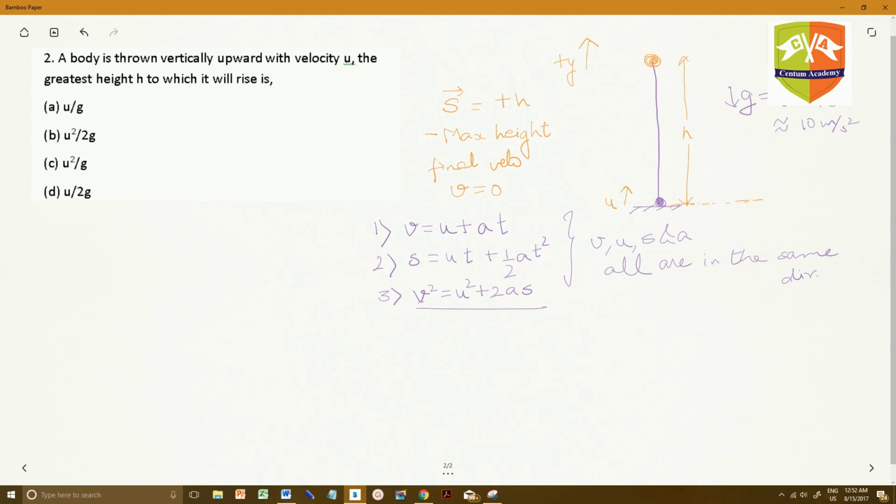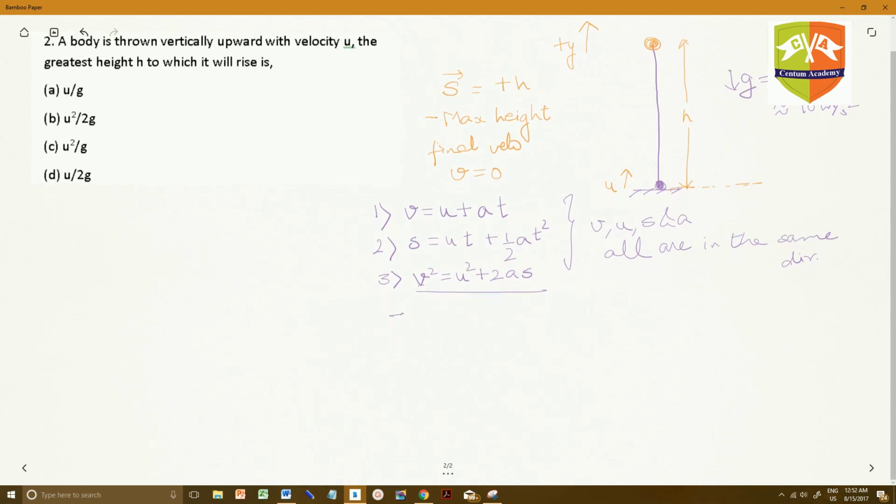Using equation 3, we get v square is equal to u square minus 2gs. Why? Because g has a direction which is opposite to v, u and s, so it is negative. And we have considered the positive direction towards the sky.